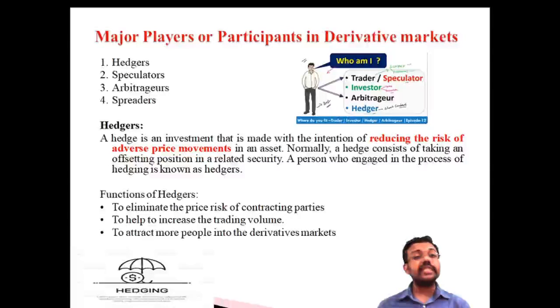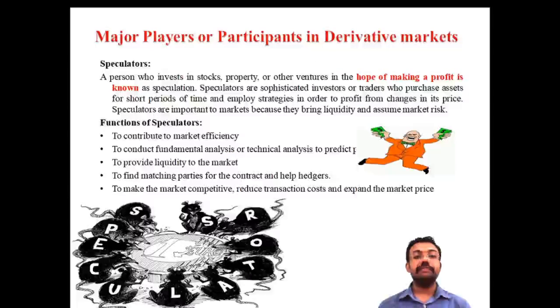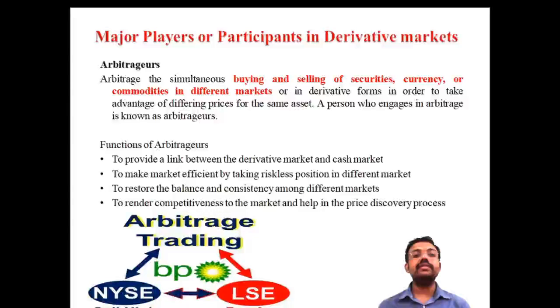These are the major players in the derivative market. You must decide who you are: a speculator, a trader, an investor, an arbitrager, or a hedger. The hedger is a person reducing the risk. The speculator is a person making profit. The arbitrager does simultaneous buying and selling in different markets, buying from one market and selling in another.